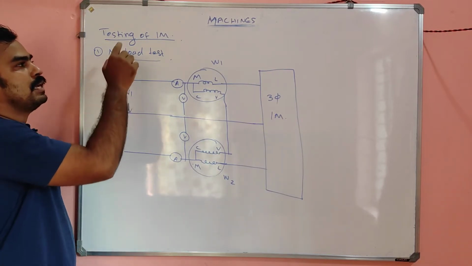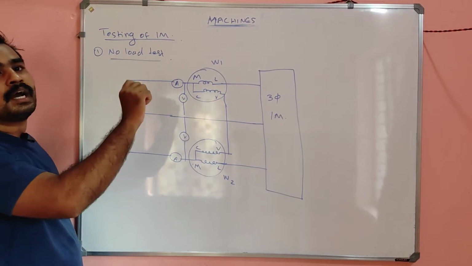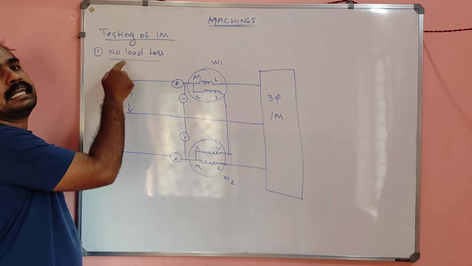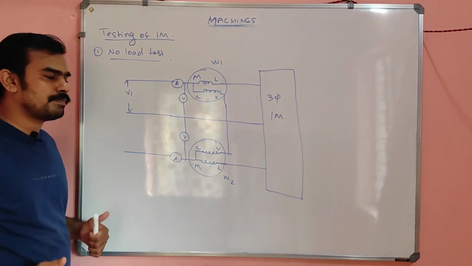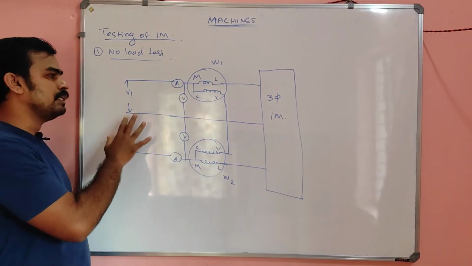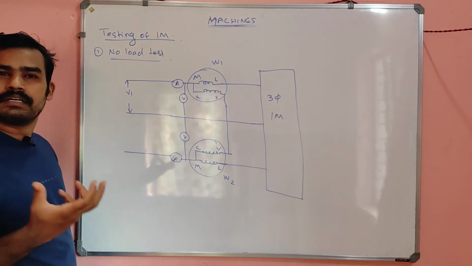The test similar to the open circuit test in the transformer is the no load test in the induction machine. How can we perform this test? Simply, we apply the rated supply using rated voltage, and we slowly increase the voltage by using a particular starter.